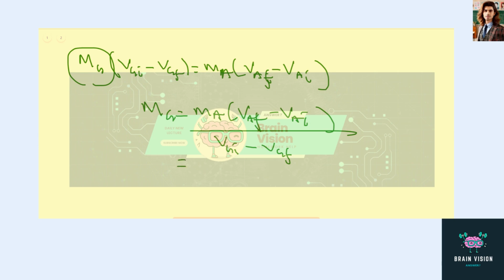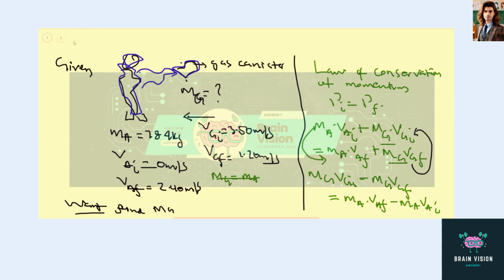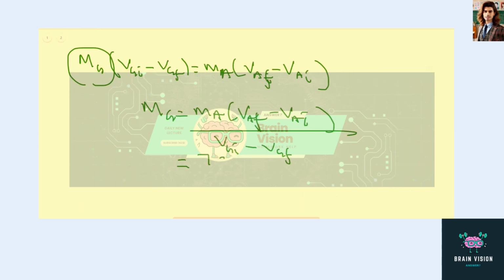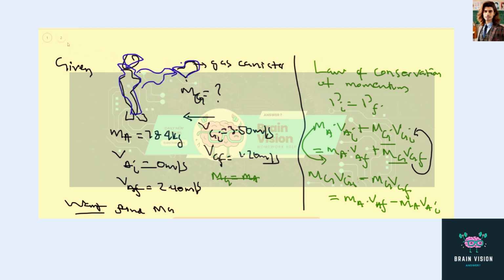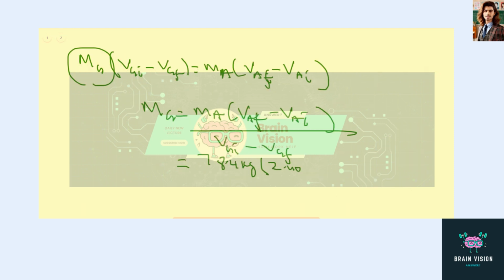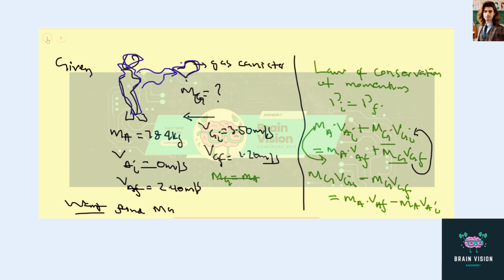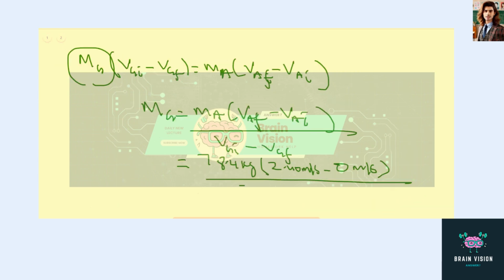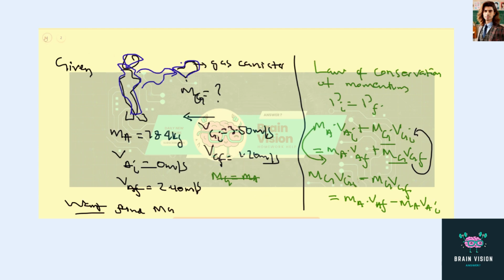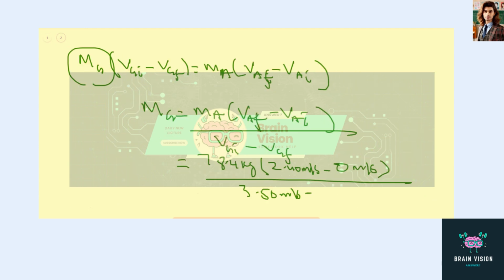So then we plug in the numbers. The mass of the astronaut is 78.4 kilograms, and the final velocity of the astronaut is 2.40 meters per second, minus the initial velocity of the astronaut, which is 0 meters per second, all over the initial velocity of the gas canister, which is 3.50 meters per second, minus the final velocity of the gas canister, which is 1.20 meters per second.